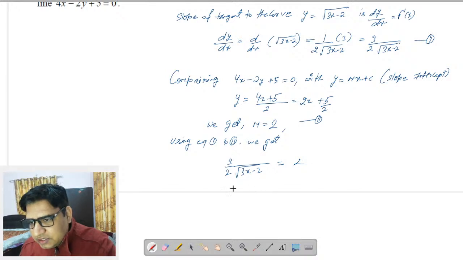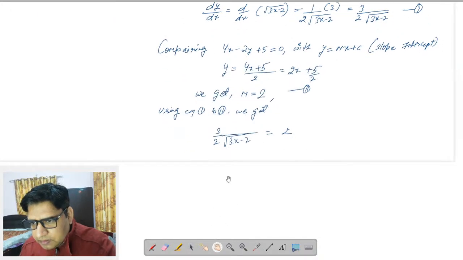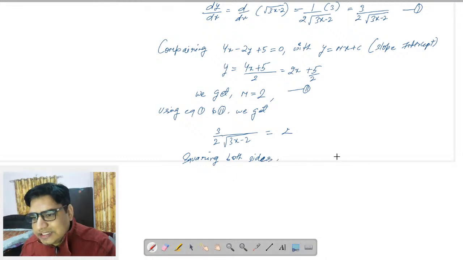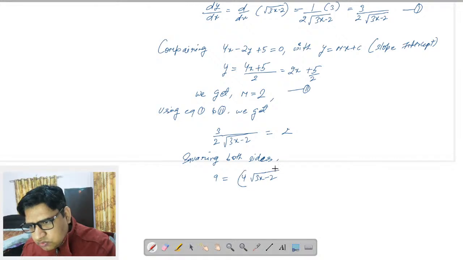Okay, and we'll square both sides. Squaring both sides will give us 9 is equal to 4 times 3x minus 2 square, or we can simply write this is 3 square.